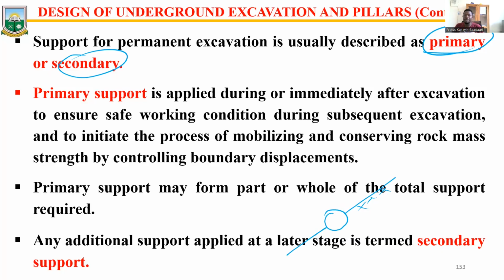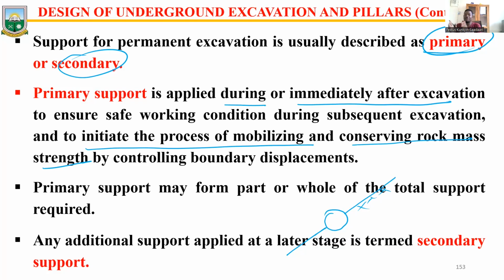So I need to bring in support immediately so that I can continue to work. The support I need immediately to undertake my activity is what we call the primary support. Primary support is applied during or immediately after excavation to ensure safe working conditions during subsequent excavation, and to initiate the process of mobilizing and conserving the rock mass strength by controlling the boundary displacement.